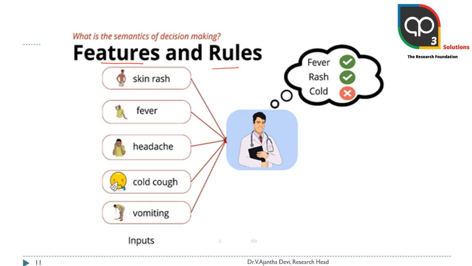Features are nothing but all these inputs that we are taking. In the case of the doctor example, it was skin rash or fever and a variety of other inputs. I just showed only 5 here. There could be other things like lateral board and so on.